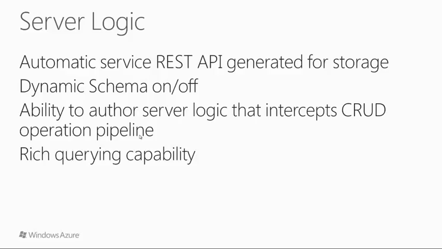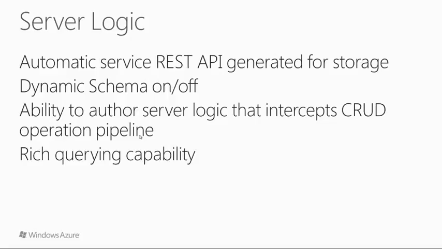If you turn dynamic schema off, perhaps after you've finished developing your application and you're releasing it out into the wild, then that dynamic table creation and column adding or removing is not done automatically for you. But the server logic, there's a REST API that exposes CRUD operations for you.